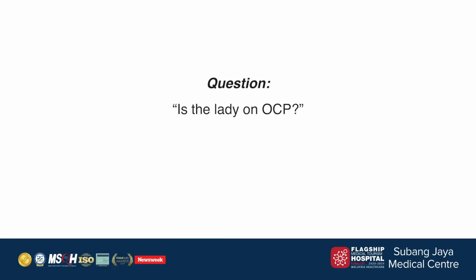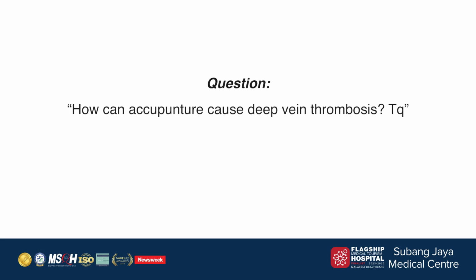Okay, there are a lot of questions about this lady. Is she on oral contraceptive pills? Was your patient on an oral contraceptive which could have predisposed her? No. And how can acupuncture cause DVT? Very good question. I asked one of my good friends, whose dad does acupuncture.